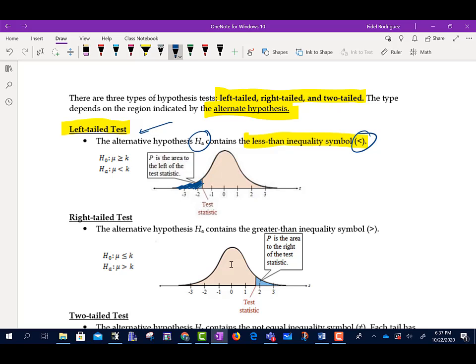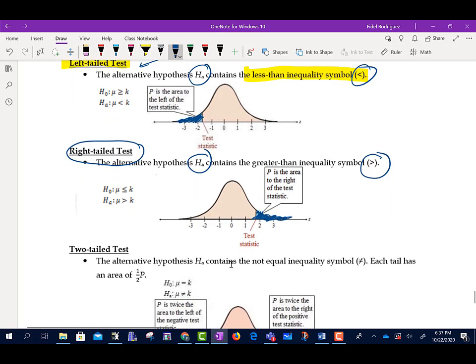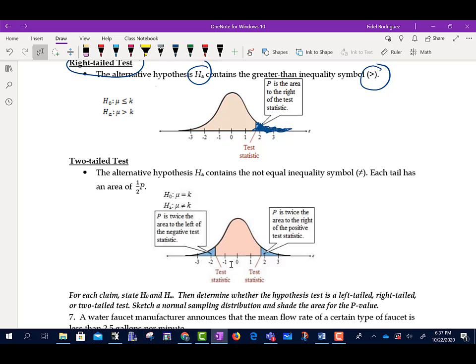Okay. Now, what happens if we have a right-tailed test? Then my HA should have the greater than inequality. Notice it's pointing to the right, and look where my p-value is going to be. My p-value is going to be the area over here to the right. Okay. Now, what about a two-tailed test?